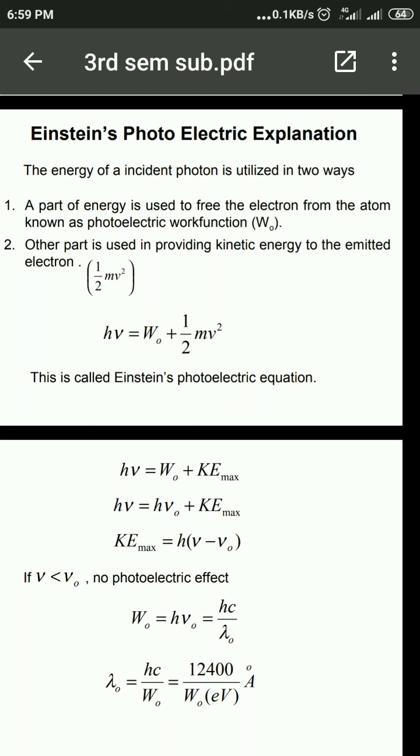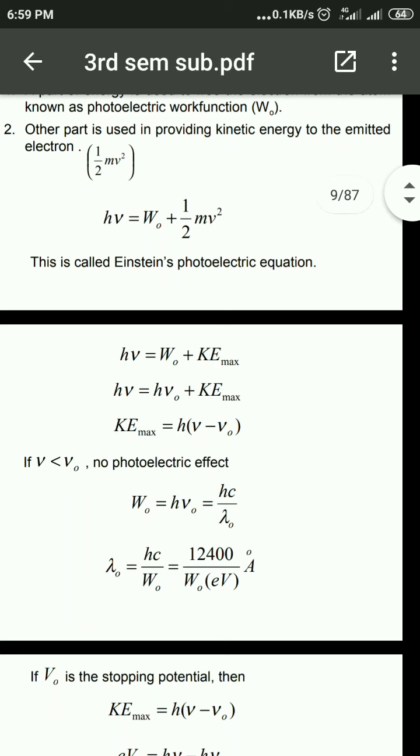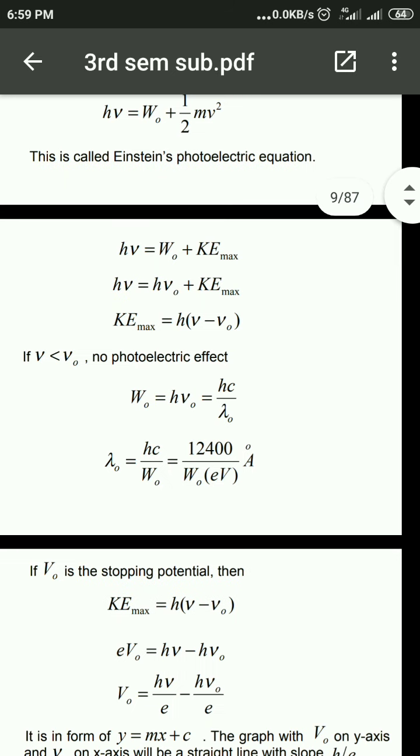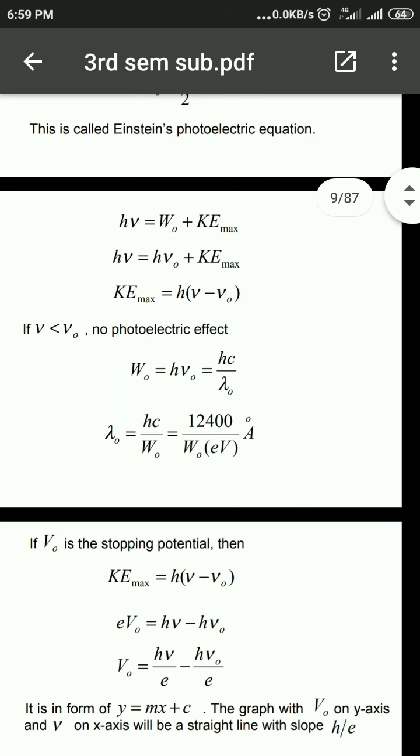So h nu will be equal to W0 plus half mv square, where W0 is the energy needed to take out the electron from the metal surface, which is called photoelectric work function, and half mv square is the maximum kinetic energy.